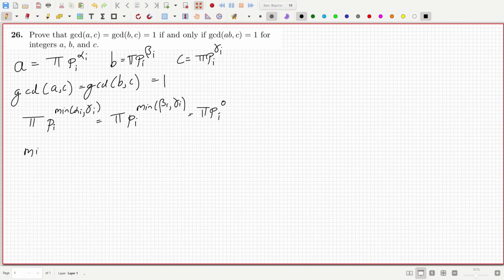So we have the minimum of alpha_i and gamma_i equals the minimum of beta_i and gamma_i, which equals 0. So that means one of these must be 0 and one of these must be 0.